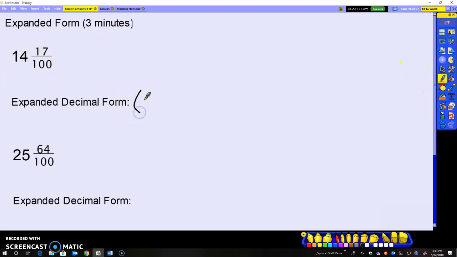Alright, so my first place value is a 1, and that 1 is worth 10 each. We have a 4, and it's worth 1 each. We have our 17, and we can break it down into the 1 and the 7.